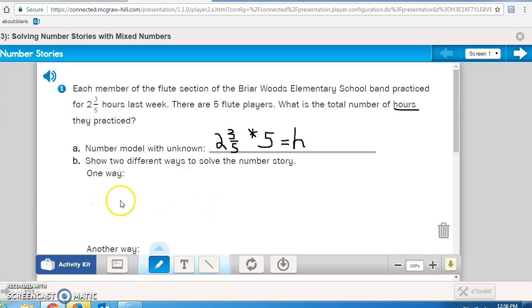It says, show 2 different ways. Well, 1, I could multiply.